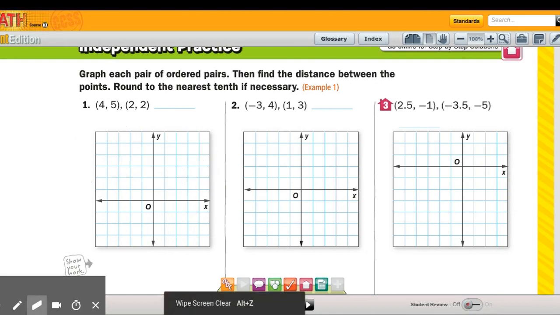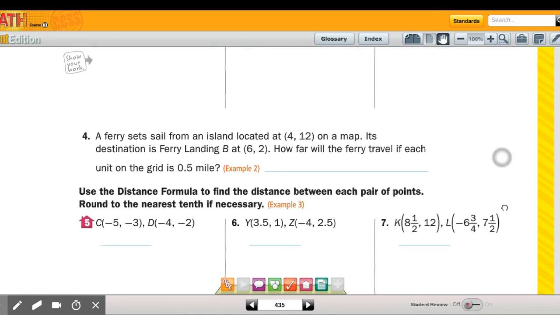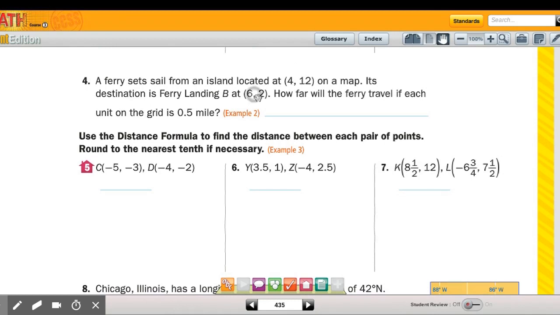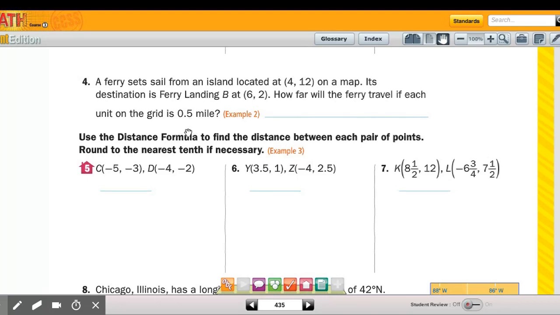If you want to use the distance formula the whole time, that's fine too. Because like number 4 here, they give you a couple of ordered pairs. And now this is an interesting one because they say that each unit on the grid is half a mile.